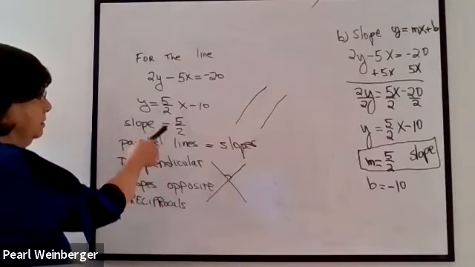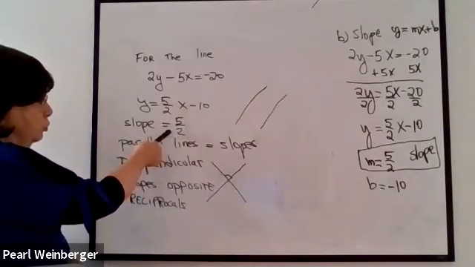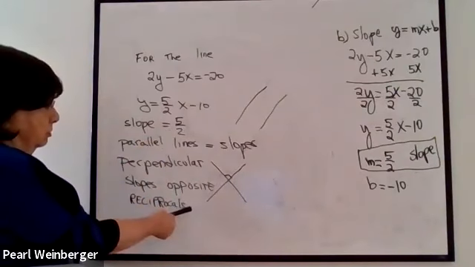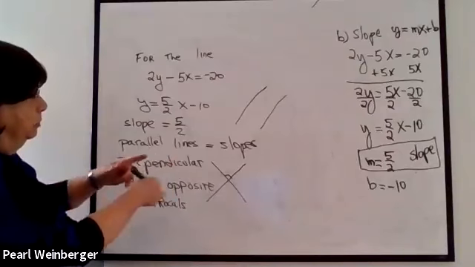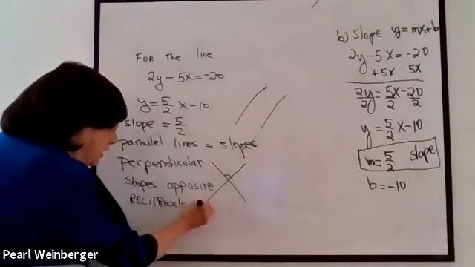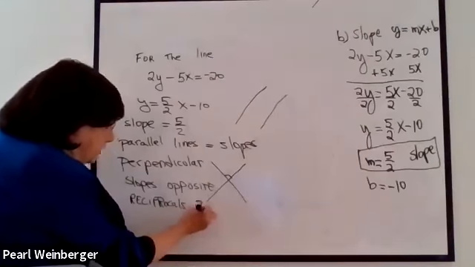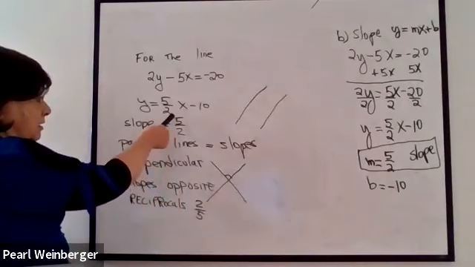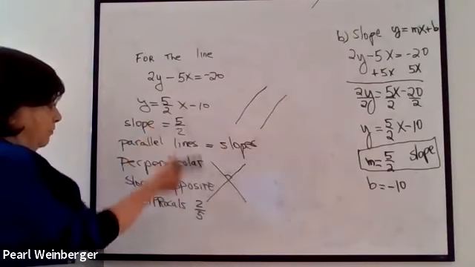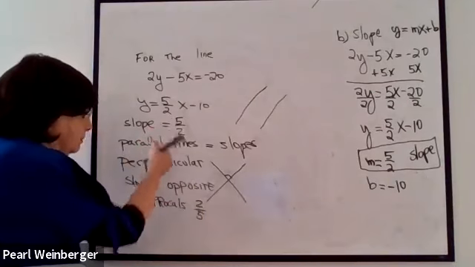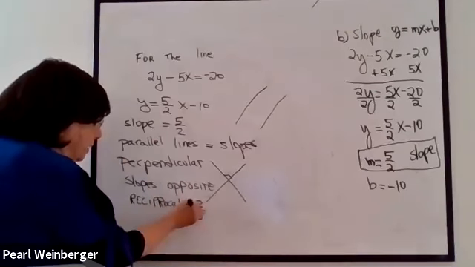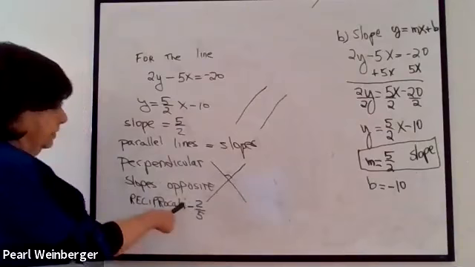What that means is if this slope is 5/2, a perpendicular line would have to have a slope that's flipped over on the opposite side. So you'd have to flip it over to get its reciprocal. You get the 2 on top and the 5 on the bottom. And since this is positive, we'd have to have this to be negative.